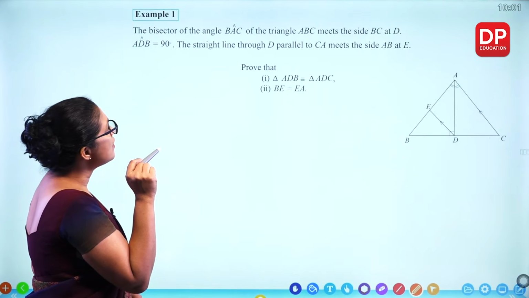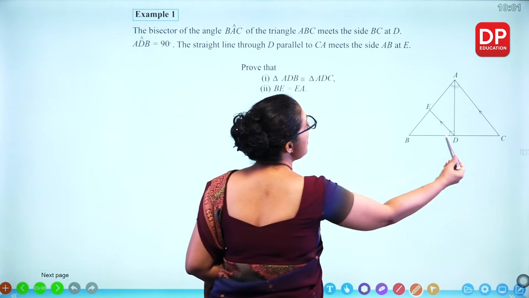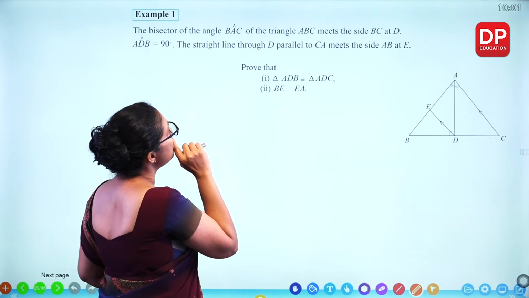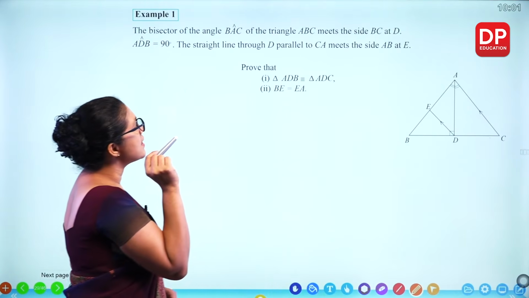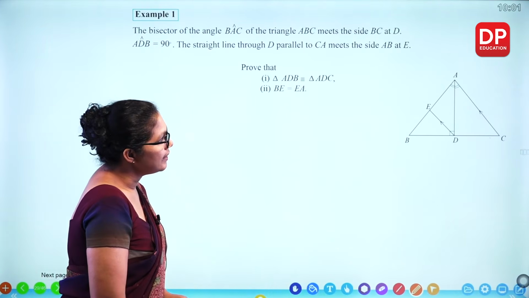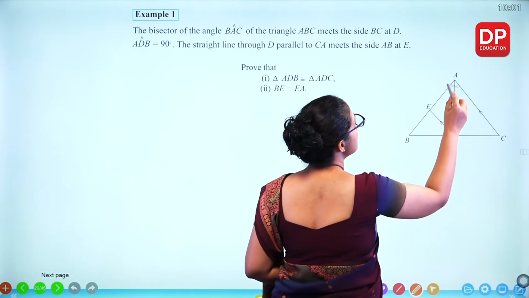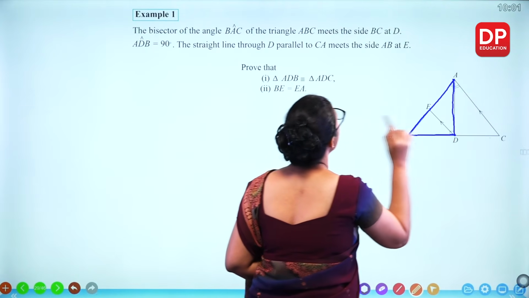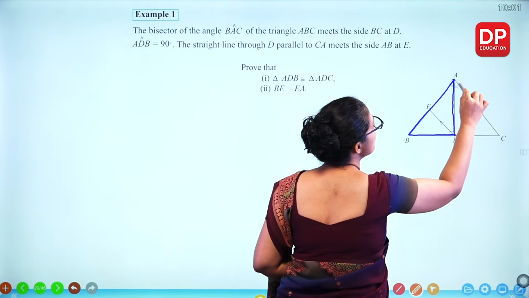The straight line through D parallel to AC meets the side AB at E point. Prove that ADB triangle, we'll draw it, this triangle ADB is congruent to ADC triangle.